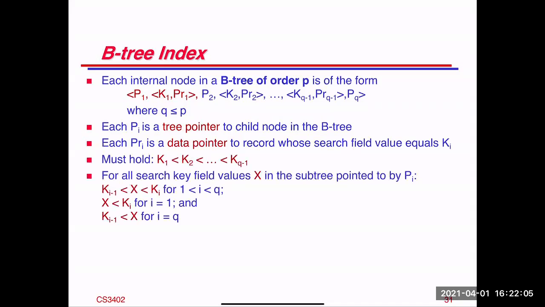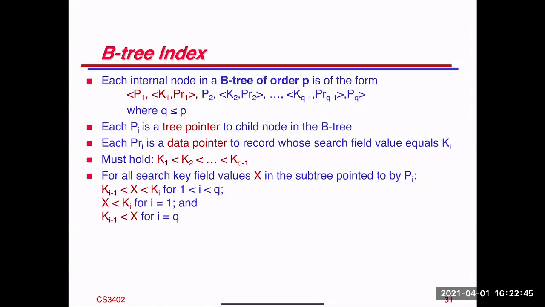Now, what we want here is the property that each one of these search key values is greater than its predecessor, right? So it needs to hold that K1 is less than K2, all the way to K(Q minus 1). And now we have this property for the search key field values in the subtrees that are pointed to by these tree pointers, P1, P2, and so on, namely that the search key value should lie between the keys, depending on where the location of the pointer is in this tree node.